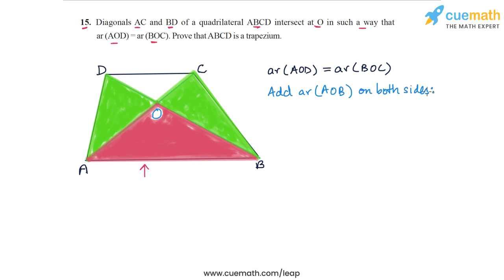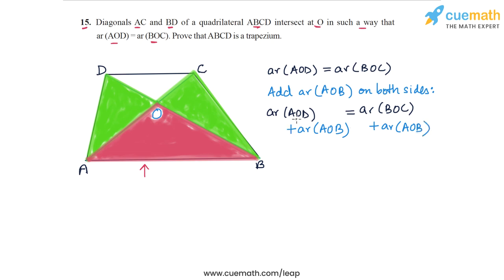So let's do that. On the left side we have area of AOD, and then we are adding area of AOB. This is what we get on the left side. On the right side we have area of BOC, and to this we are adding area of AOB as well.